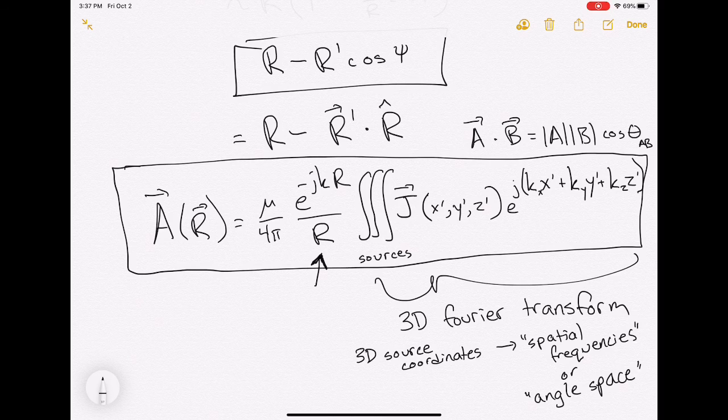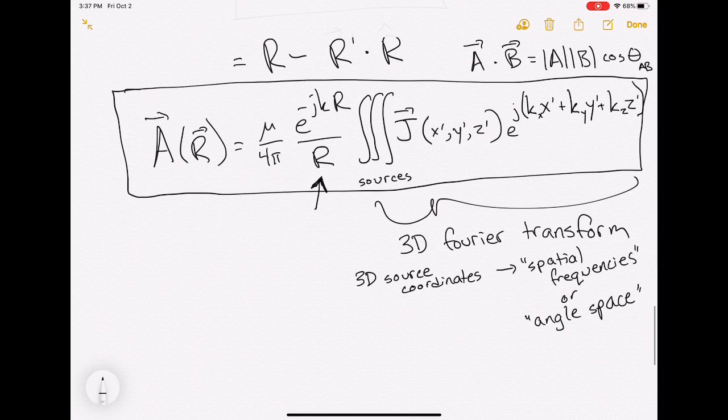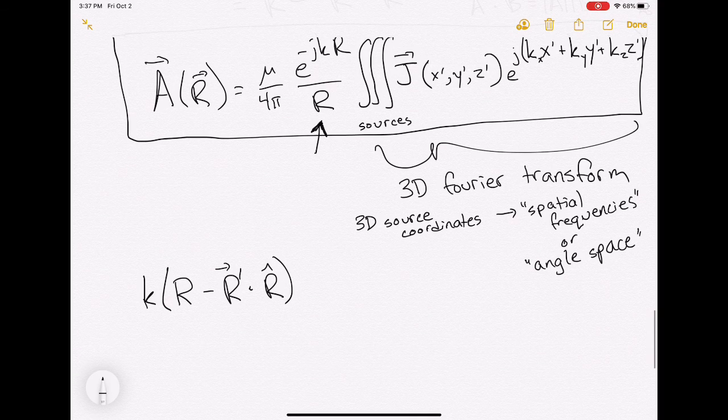Let's go into that a little bit more. Where do I get these kx, ky, and kz terms? What do they mean? Well, it all comes from this expression, k times, remember that one of the expressions that we had here was r minus r prime dot r hat. Well, if I do k r hat, k r hat is a vector k that has different components.